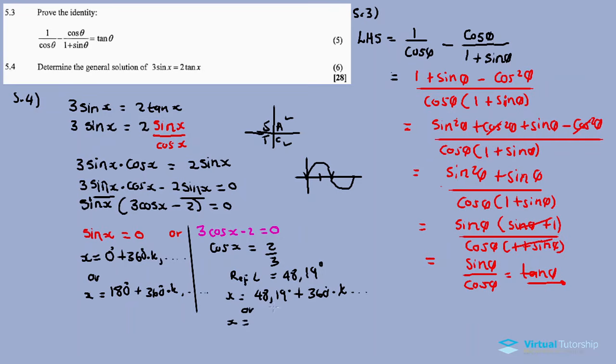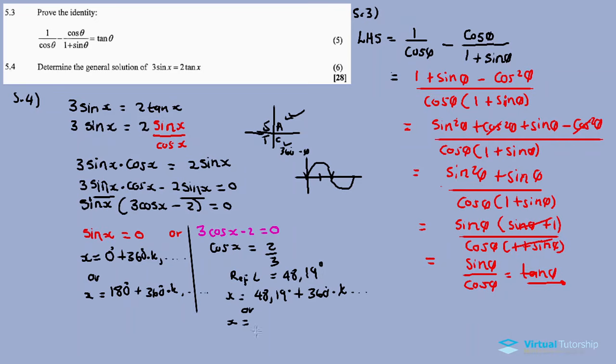So this 48.19 was for the first quadrant. For the first quadrant, we don't use any reduction formula. But for the fourth quadrant, we have a reduction formula 360 degrees minus theta.